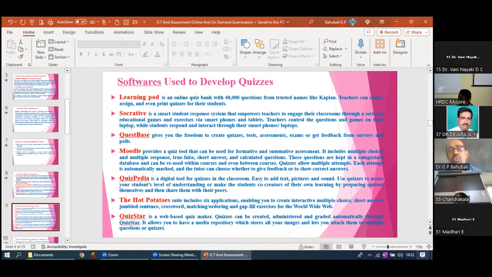Software used to develop quizzes includes Learning Point, Socrative, Question Base, Moodle, Quizpedia, Hot Potatoes, and Quiz Stars. I don't want to go into detail about this. If you use this software, we can conduct these types of quizzes online.